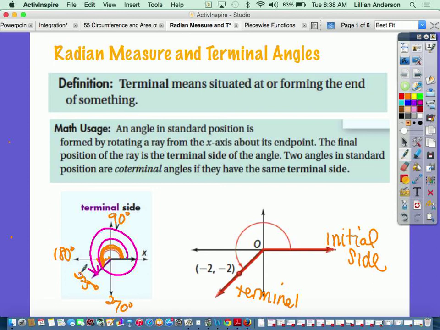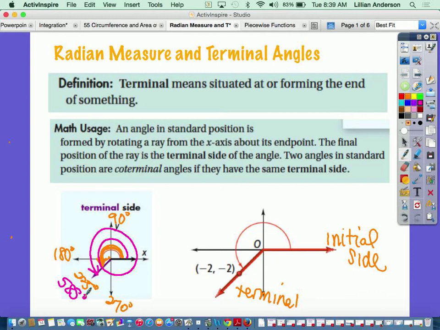It wouldn't be 225 because I've gone a full rotation. How many degrees is a full rotation? Geometry throwback: 360. And then I went another 225 degrees, so the total is 585. So 225 and 585 are coterminal angles.